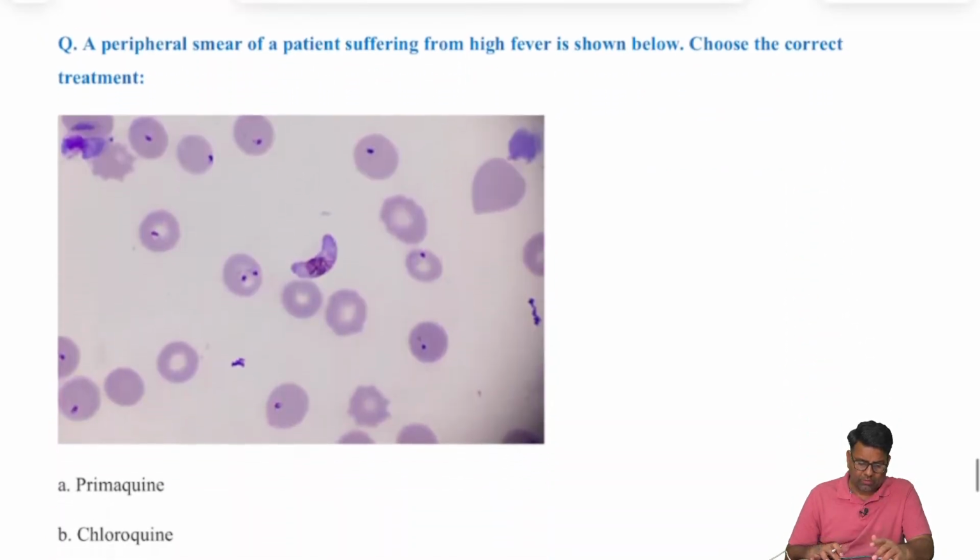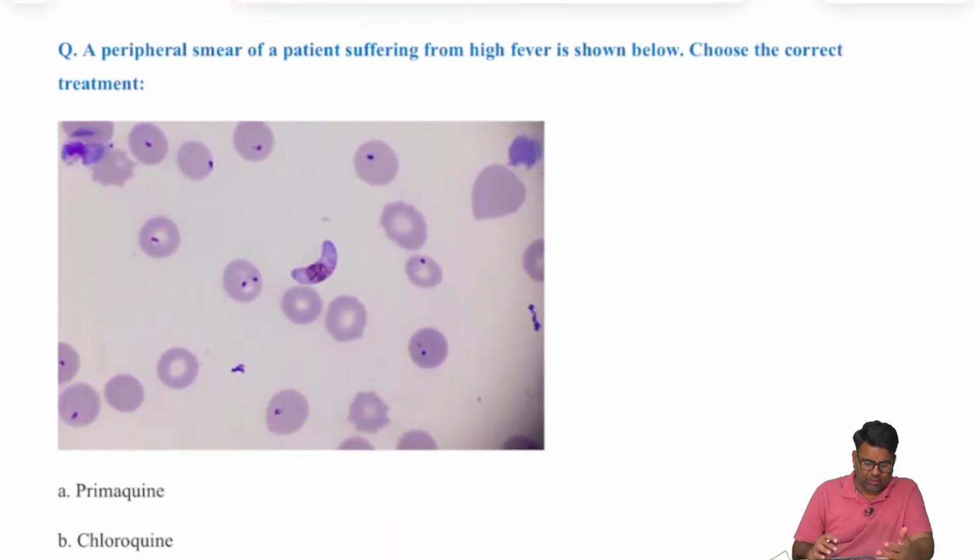Again, a question from a repeated topic, but the presentation was slightly different. Here, a person was having high fever, his peripheral blood smear was given, and the question was what treatment you need to do. If you look here, you can see a classical banana shaped gametocyte, right?